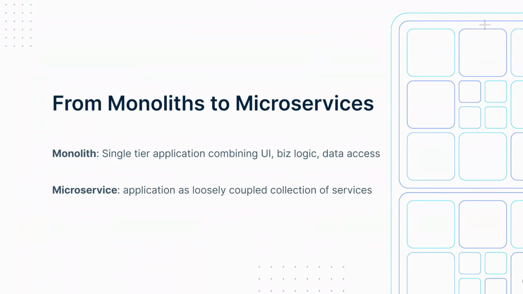That's a single tier application because we combined our UI, biz logic, and data access all in one single tier, one code base, and all of your development team is working in that same code base all at once. That was a great way to build for many years until we started running into scaling issues, not just technology-wise, but also how teams work together and communicate and deliver software was becoming more challenging.